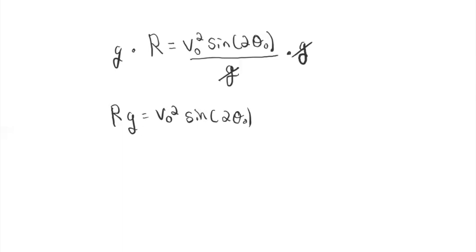Now I've got to divide both sides by sine of 2 theta naught. Just to be sure that you understand what this is telling us, we're going to take the sine of 2 times the initial angle at which we're launching. So if our initial angle is 20 degrees, we multiply it by 2.